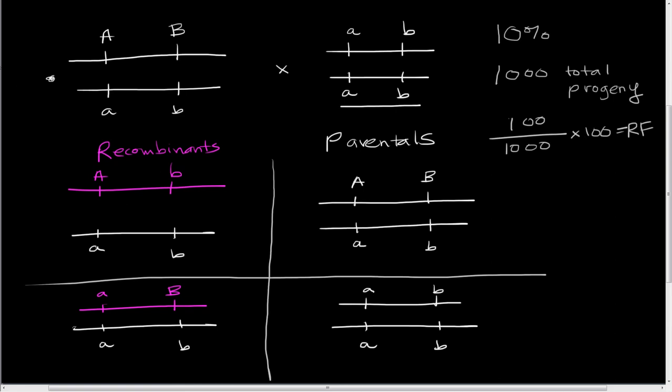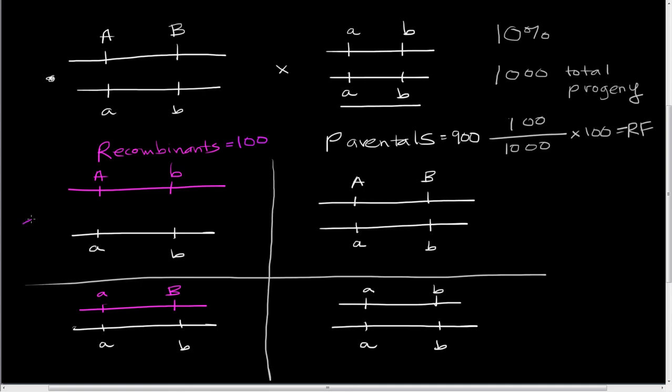So we're going to expect for all of our recombinants together, this should equal 100. And that leaves for our parentals just 900 individuals. Now, each of these two classes of recombinants is equally likely.